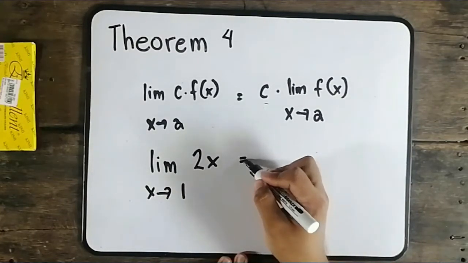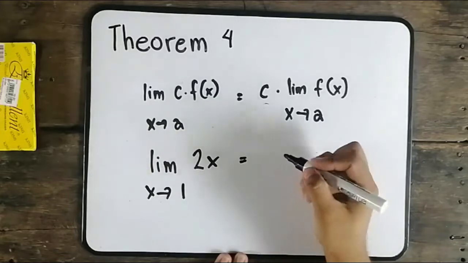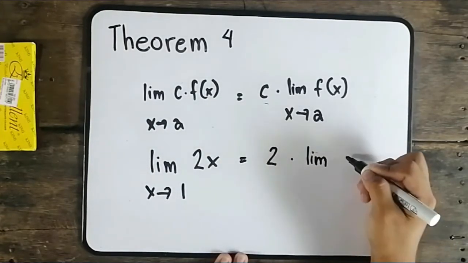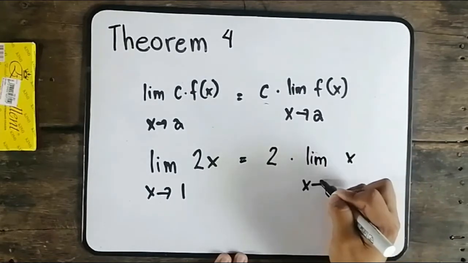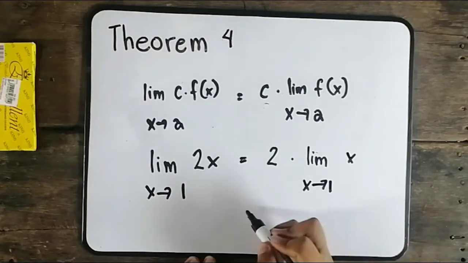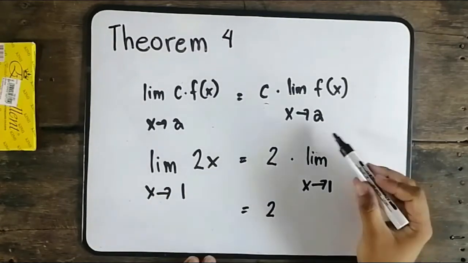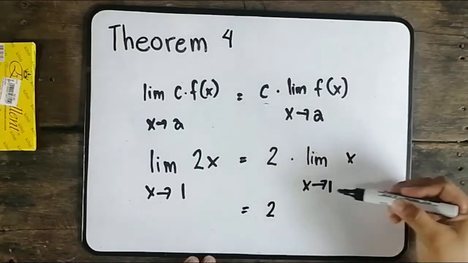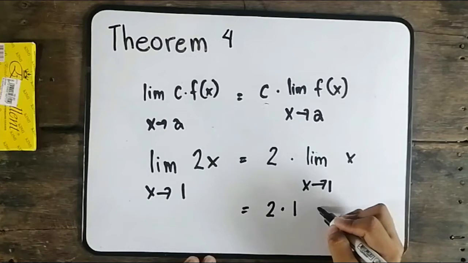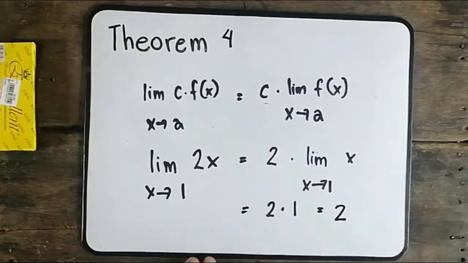So by theorem 4, pwede nating ilabas si 2. So we have 2 times the limit of x as x approaches 1. By theorem 3, what is the limit of this? So by theorem 3, the limit of this is equal to 1. So 2 times 1, so the answer is 2.